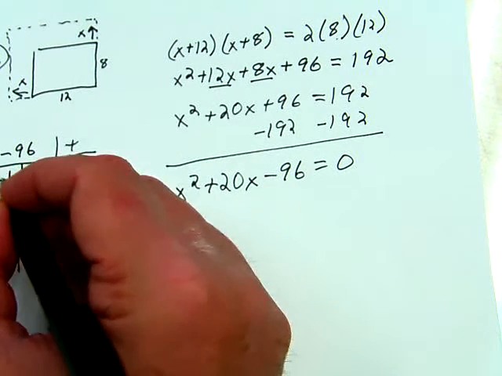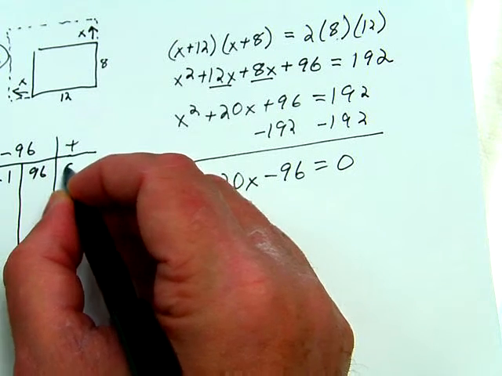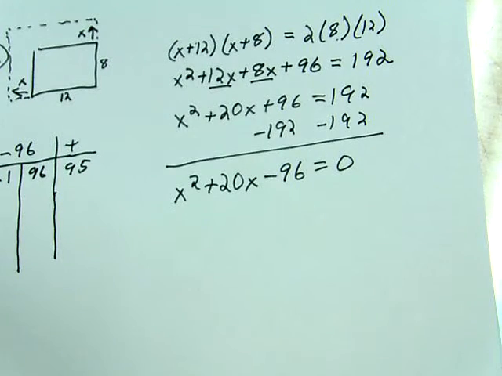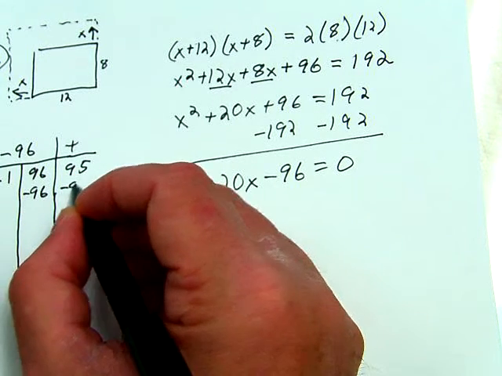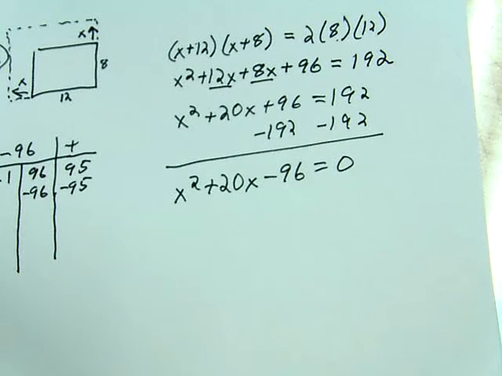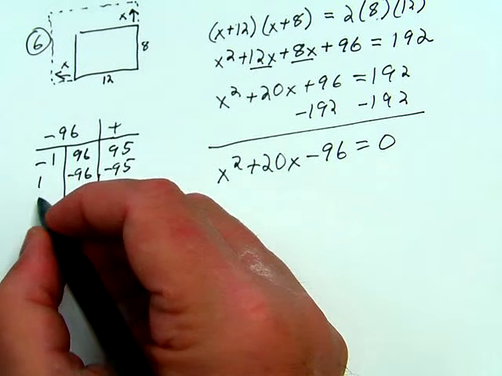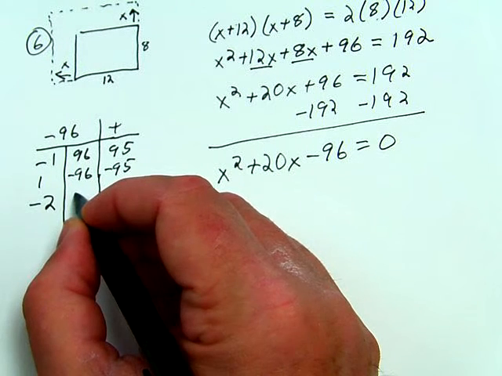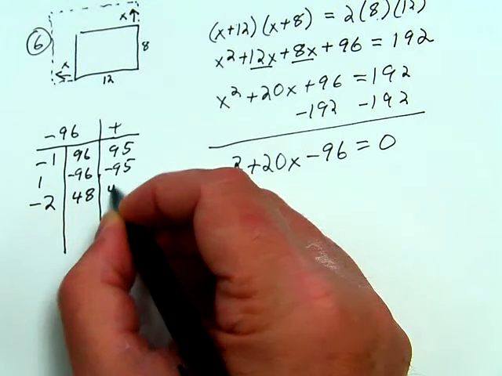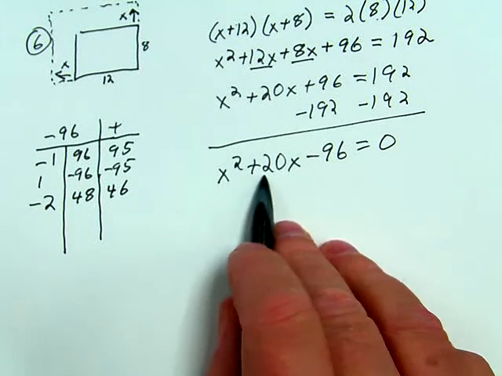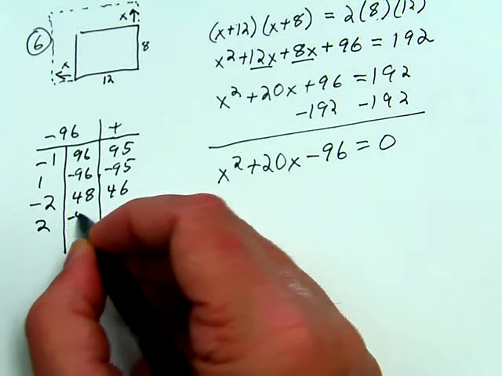So let's try negative 1 and 96. Well, that obviously is 95 when they add together, so that's not right. So let's try the opposite. 1 and negative 96. That's negative 95, so that's not right either. So let's try negative 2 and 48. That's 46. Well, that's not 20. Remember, we're looking for 20. So we try the opposite of that, 2 and negative 48.